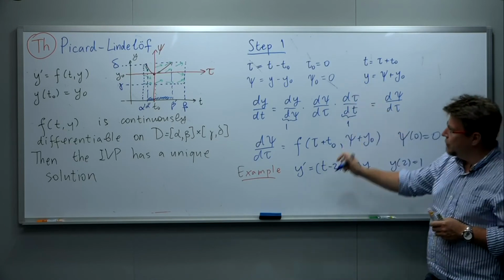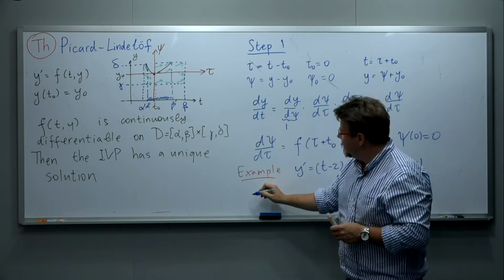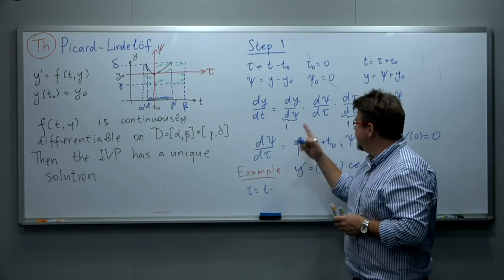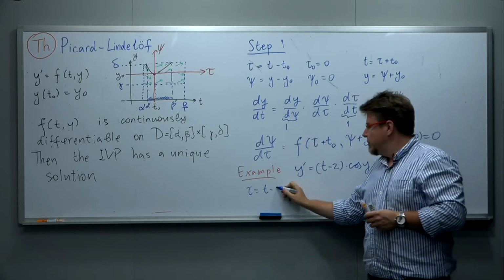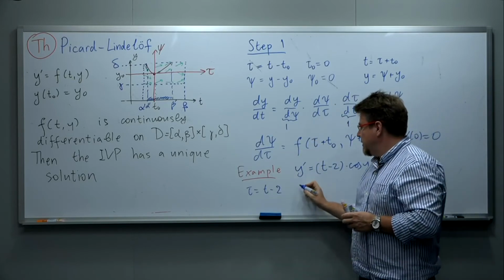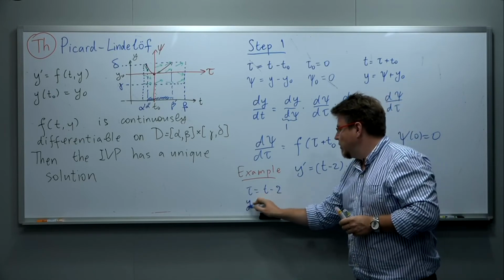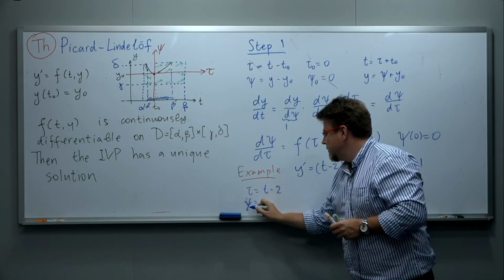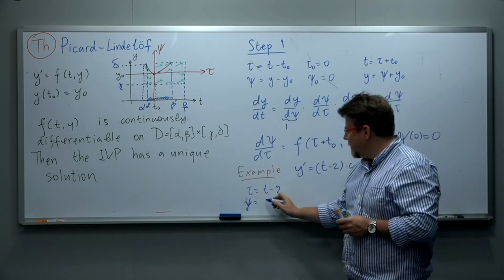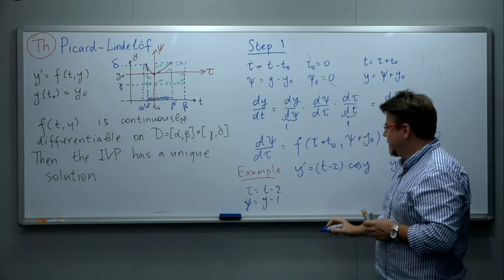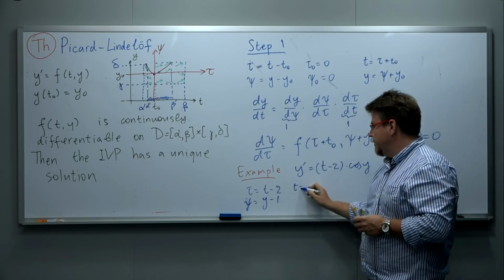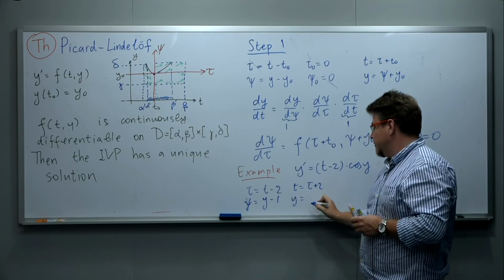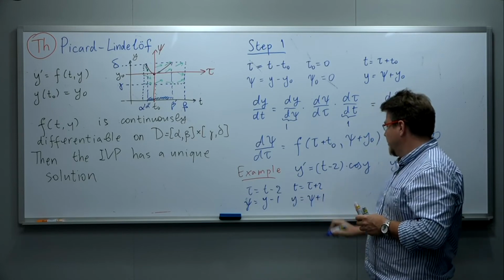So by introducing these new variables, tau equals t minus t0. t0 is 2. And psi equals y minus 1. So from here we know that t equals tau plus 2 and y equals psi plus 1.